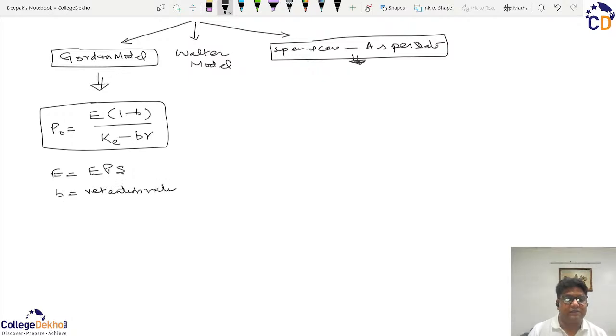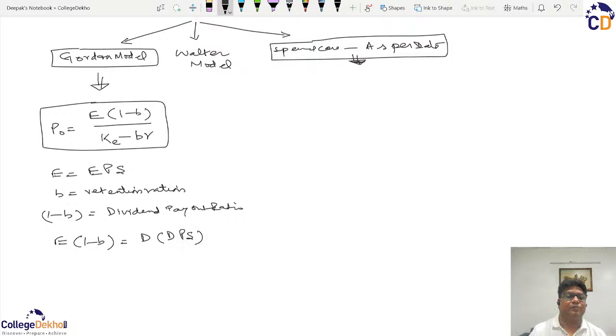Effectively, 1 minus B becomes the dividend payout ratio. Therefore, earning per share multiplied by 1 minus B, that is the dividend payout ratio, effectively becomes D, that is the dividend per share.